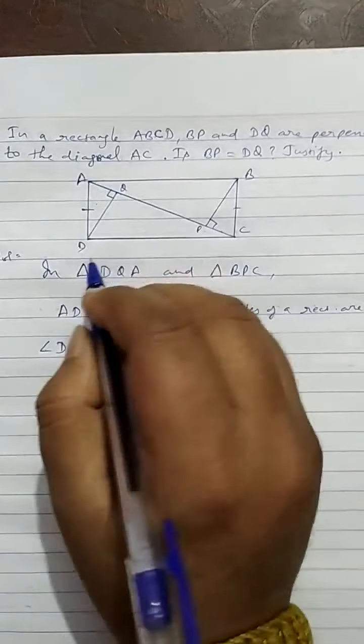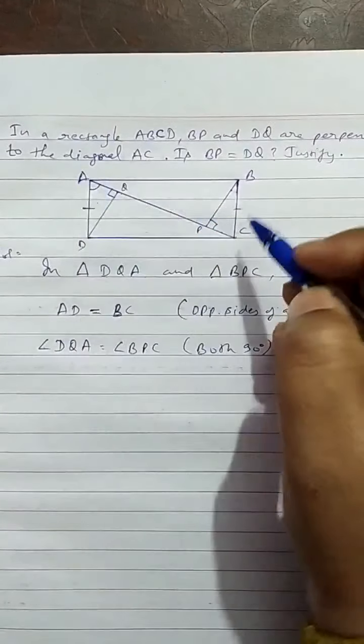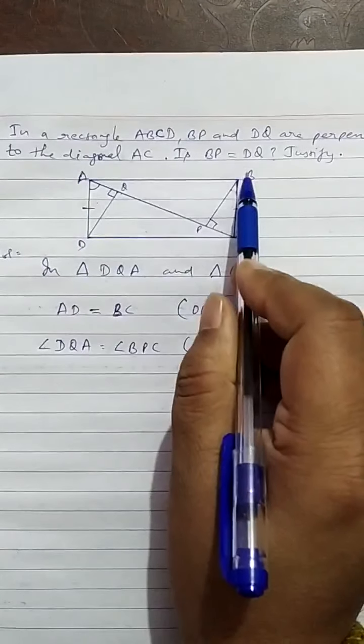Third thing, we can say alternate angles: DAC, ACB.